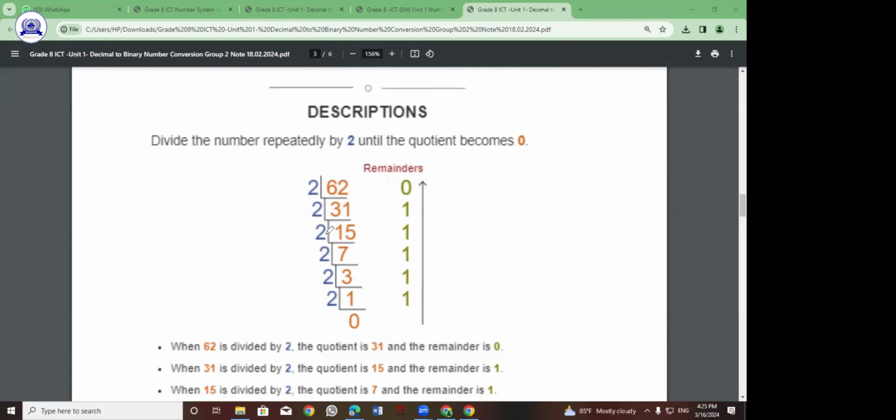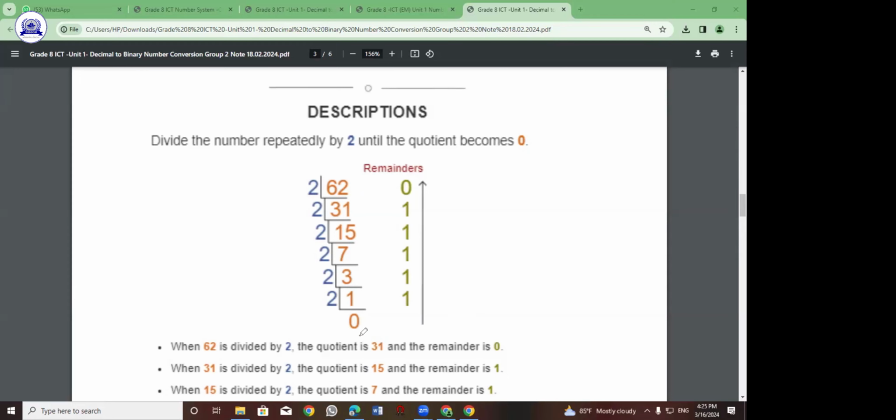Okay, so if you divide the 15, it's 2 into 7, remaining 1. To divide the 7 by 2, it's 2 into 3, 7, remain 1. Then if you take 3 divided by 2, it's 1 and remaining 1. To divide 1 by 2, it's 0, remaining 1. So you can see when you divide this number, you are getting the answer.